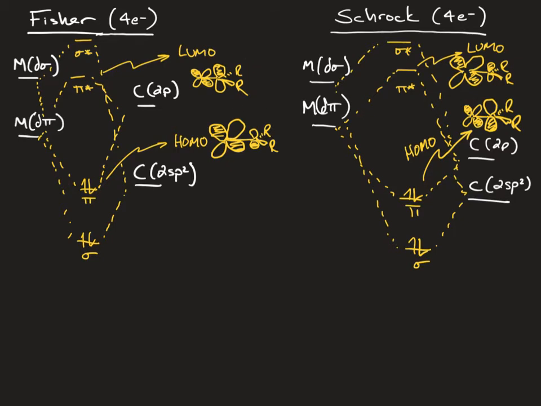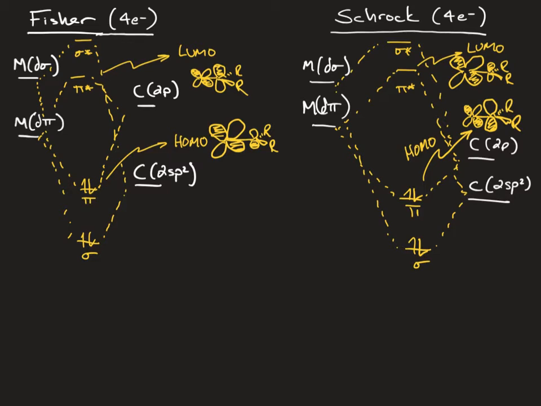In contrast, in the Schrock-type carbene, the HOMO is a carbon-dominated orbital, being closer in energy to the carbon 2p orbital, while the LUMO, the pi star, is a metal-dominated orbital, being closer in energy to the metal d pi type orbital. This gives the carbon character completely different reactivity in Fischer-type versus Schrock-type carbenes.